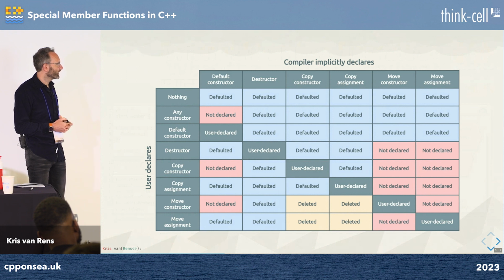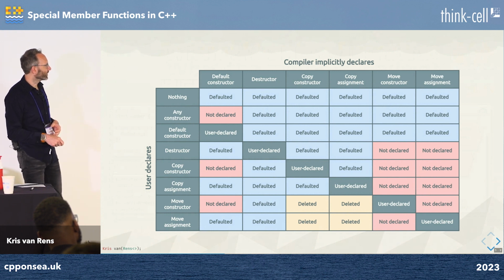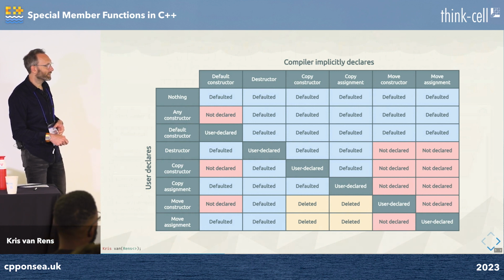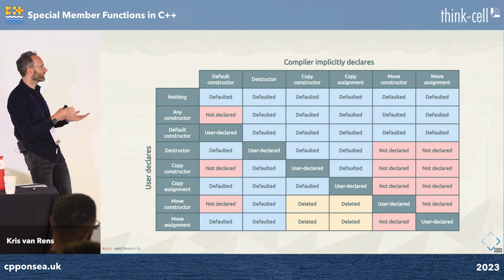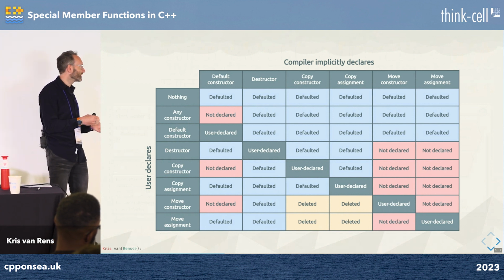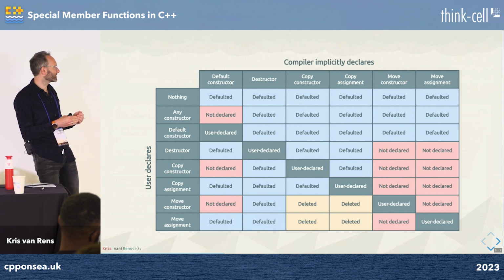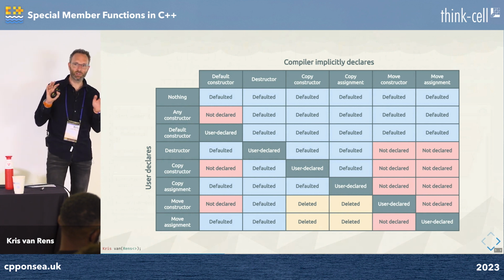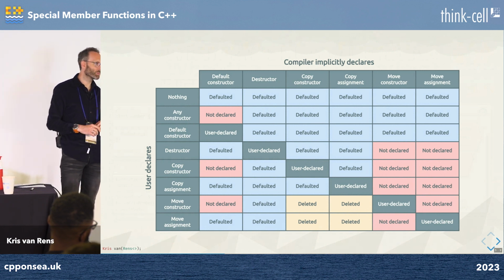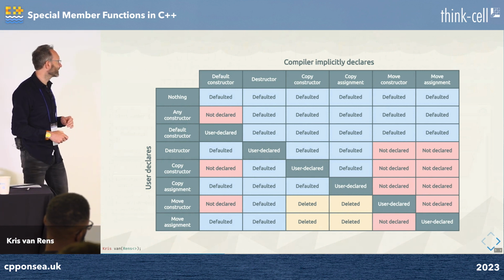But then there's something weird going on, because if we go back to the copy constructor and we declare that, we still get the copy assignment operator. Why is the compiler even going to assume something about copy assignment if we declare the copy constructor? Well, there are historical reasons for this. I'm going to come back to that in a couple of slides.